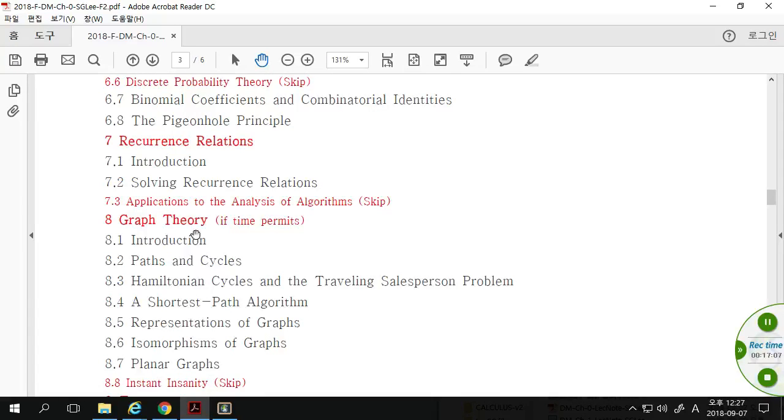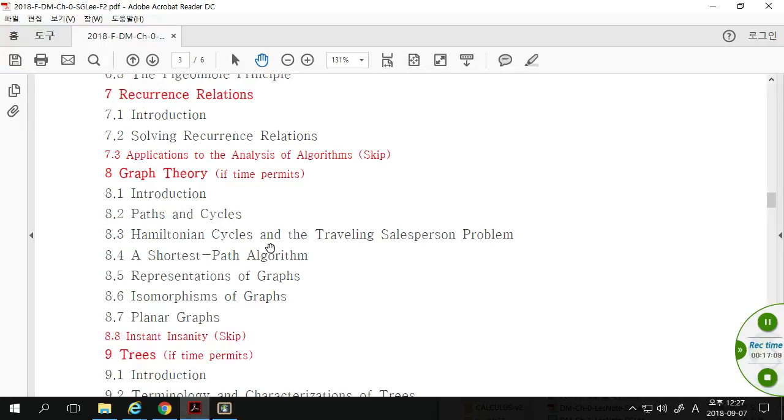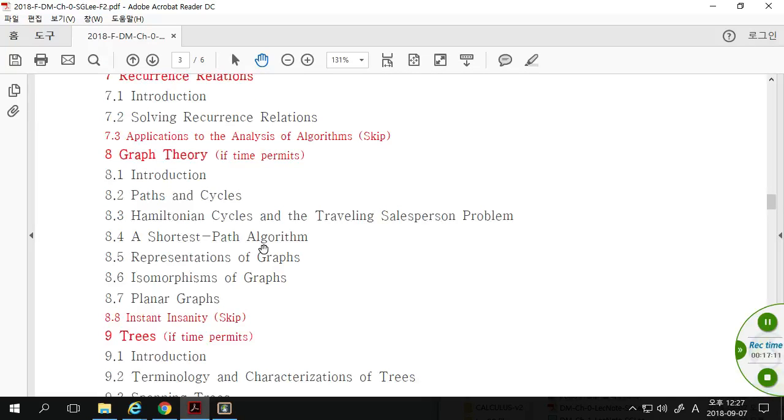In chapter 8, graph theory will be studied, which includes the shortest path algorithms and isomorphism of graphs, and traveling salesman's problems, etc. And this will give you a good insight to simplify real-life problems into mathematical models.